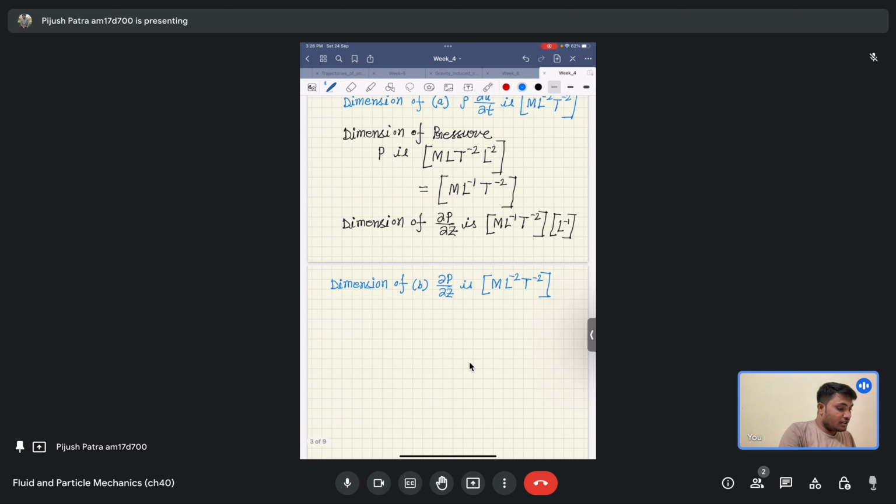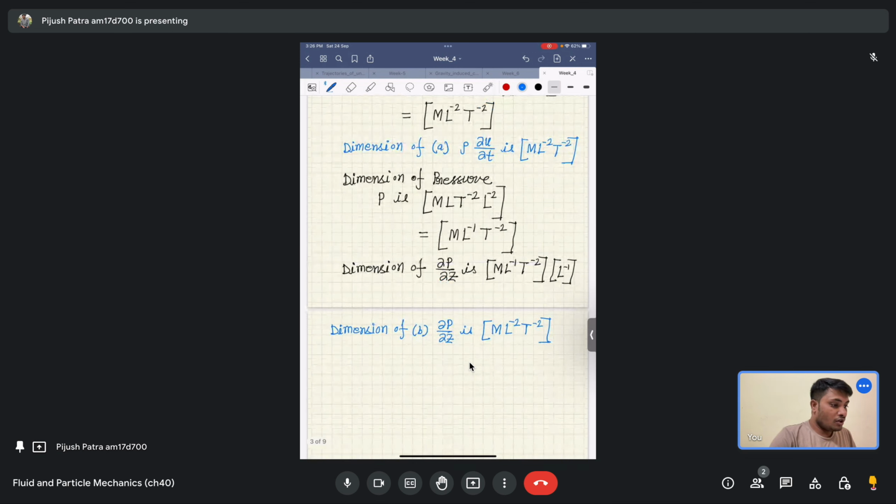So I can see that these two dimensions are the same, and the same thing you can see in the Navier-Stokes equation. In the left hand side of the Navier-Stokes equation, it is rho dou u dou t plus the convective acceleration term, equal to the pressure gradient term plus the viscous forces.